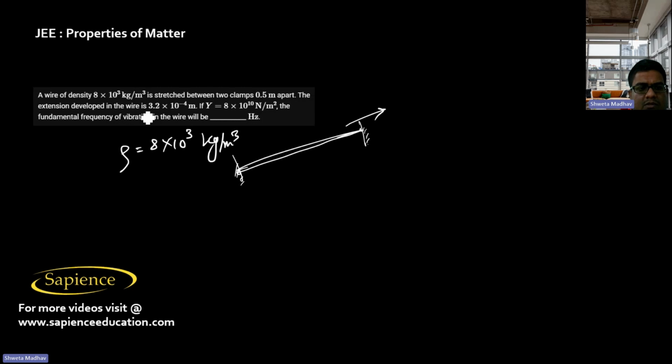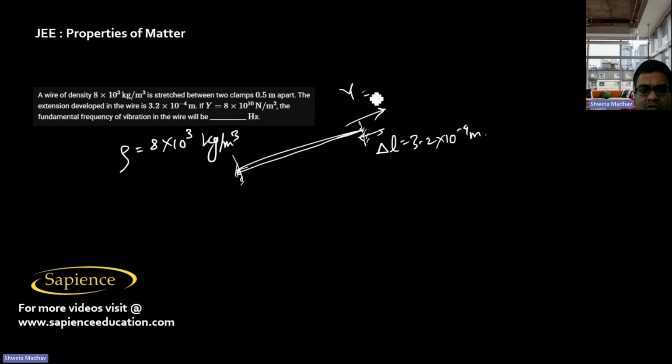The extension developed in the wire is delta L, that is 3.2 into 10 power minus 4 meter.